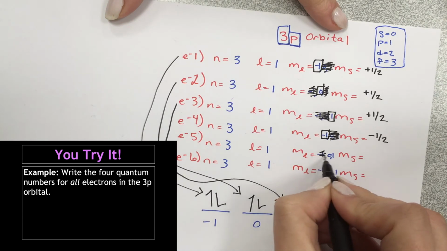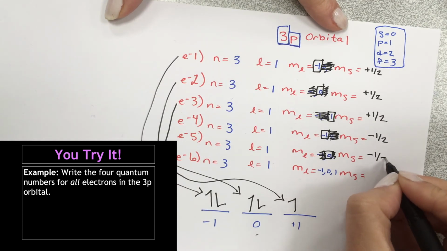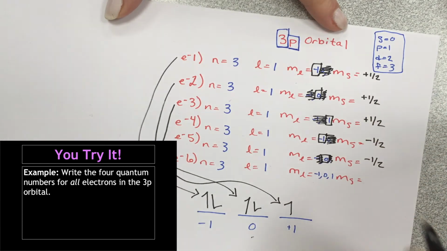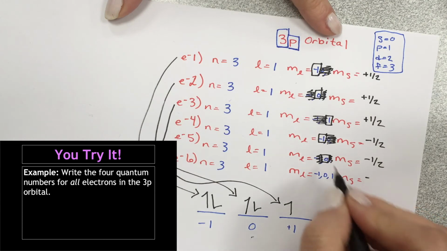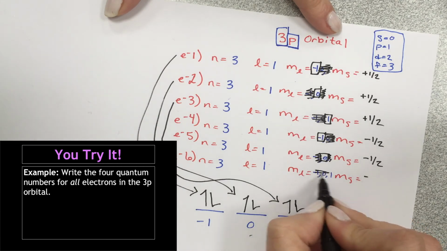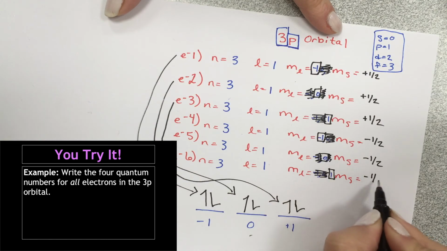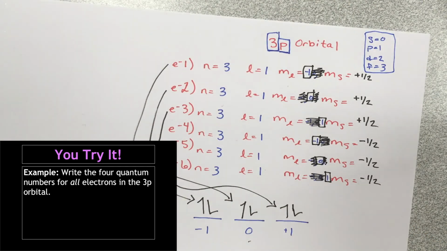It's in the 0, okay? 0, and it's spinning down. You'll know to do plus, plus, plus, minus, minus, minus, but until you're comfortable with it, I'm just showing you. The last one, spinning down in the +1 orientation.